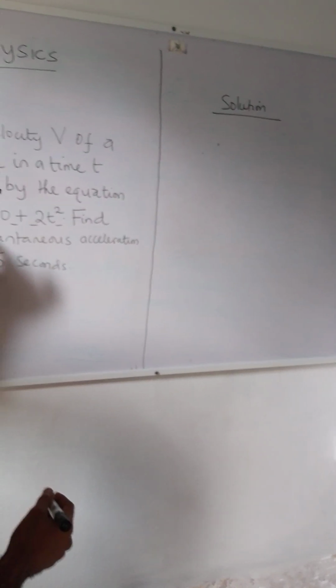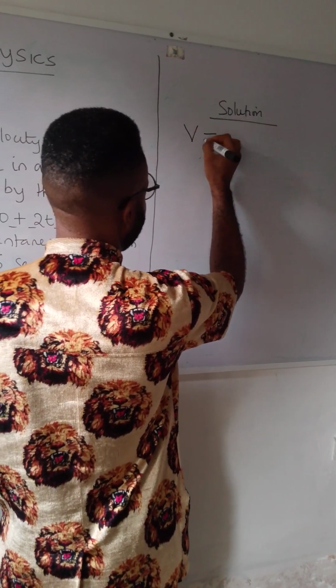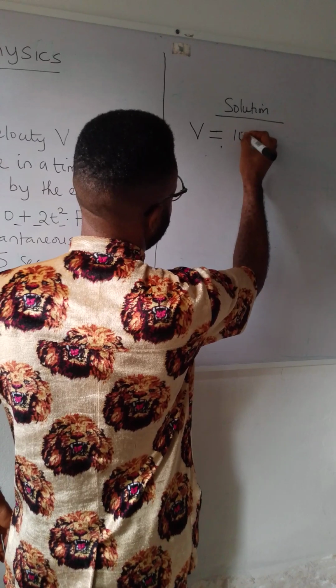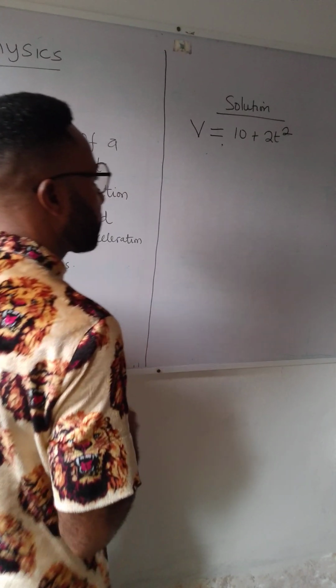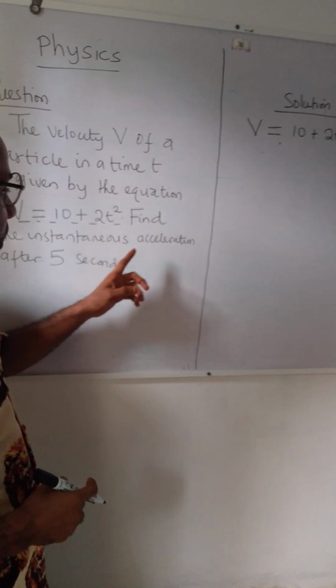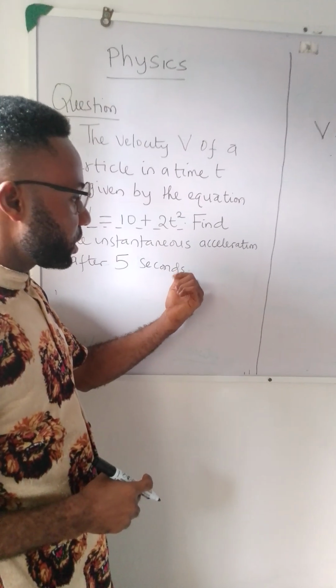So the first thing is for us to get the equation of the velocity. So we have v equal to 10 plus 2t squared. Of course, we know that to determine acceleration, the formula for acceleration is velocity over time.